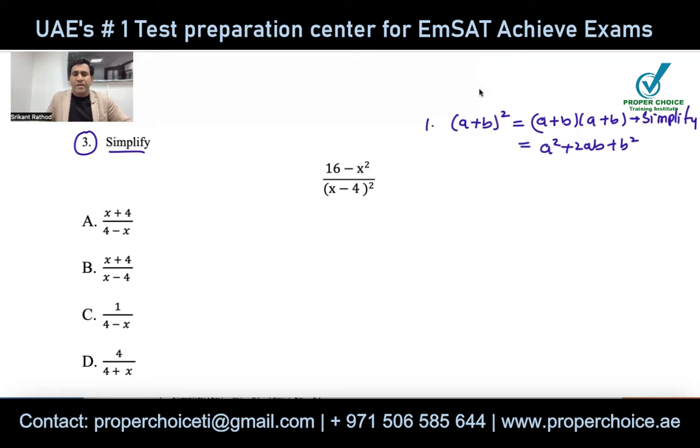Basically, when we multiply two terms, for example, x times x, we write it as x square, right? So same thing, x square can also be written as x times x. Same thing I am writing here. A plus b whole square can be written as a plus b times a plus b. And whenever they say simplify, I use the first way.